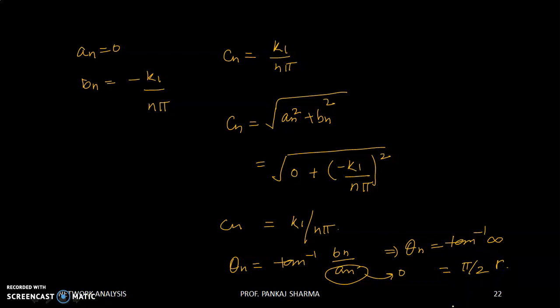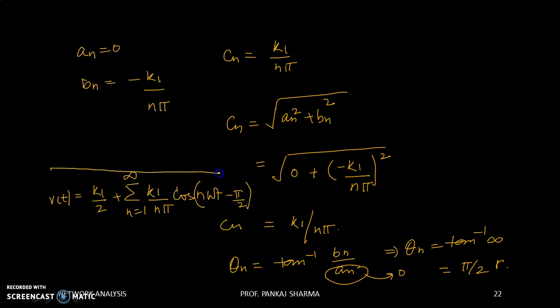Now the Fourier series can be written as Vt is equal to k1 by 2 plus summation from n is equal to 1 to infinity k1 by n pi cos of n omega t minus pi by 2.